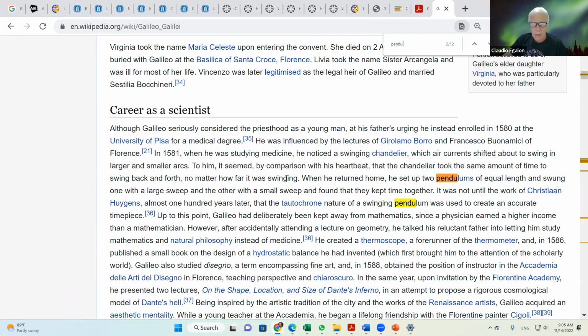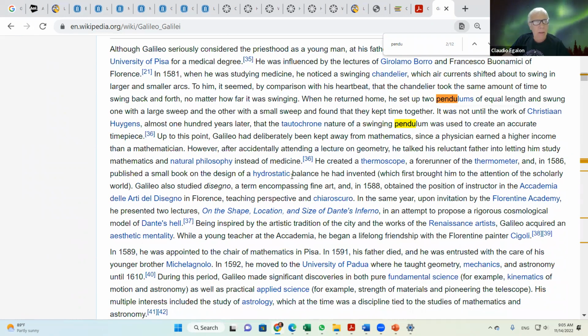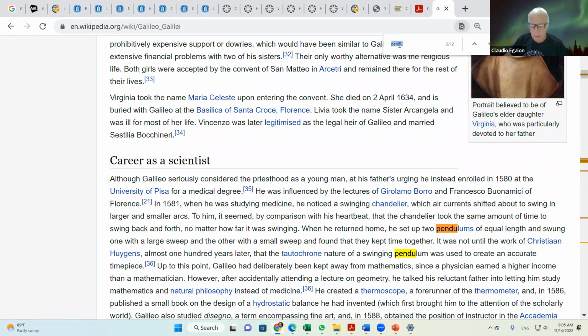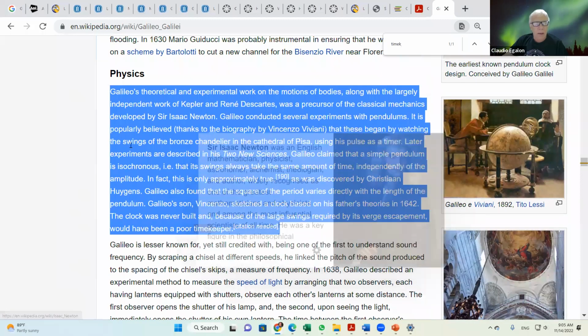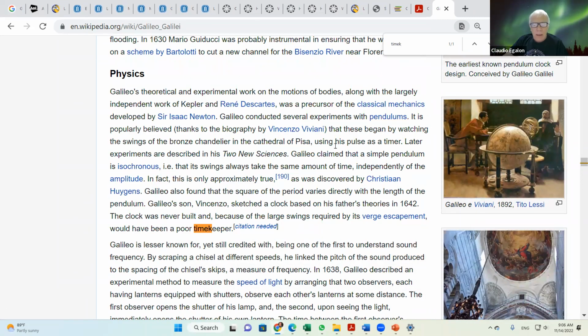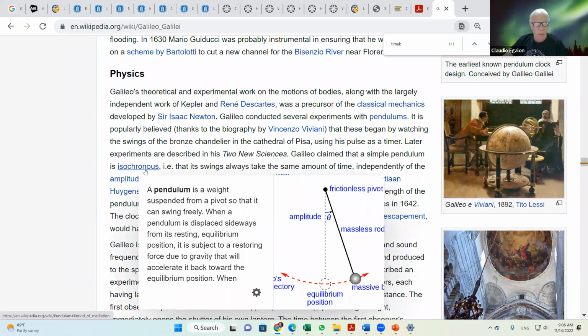Timekeeping. Physics: Galileo claimed that a simple pendulum is isochronous, that is, its swings always take the same amount of time.